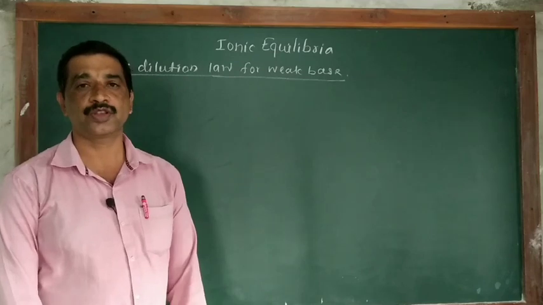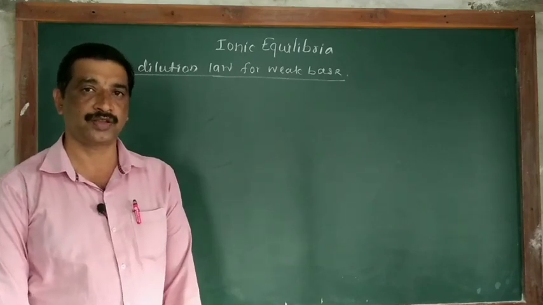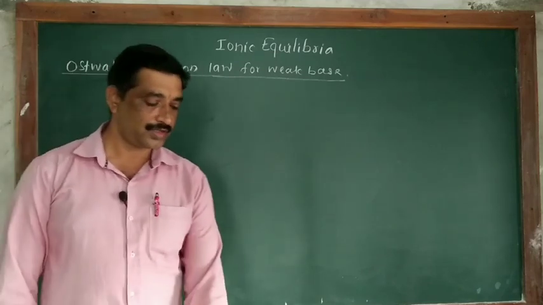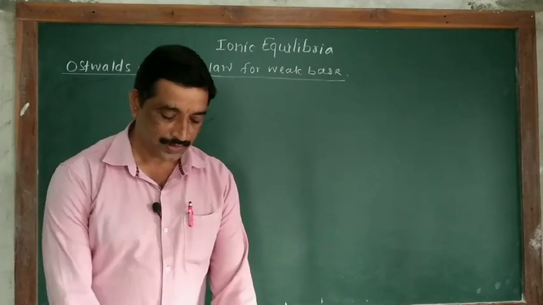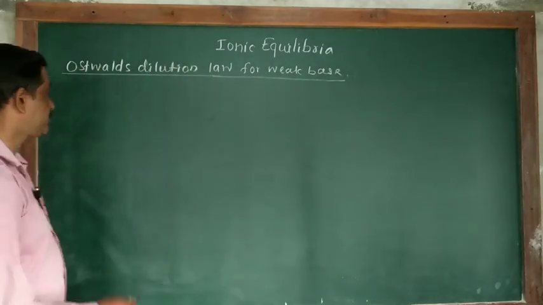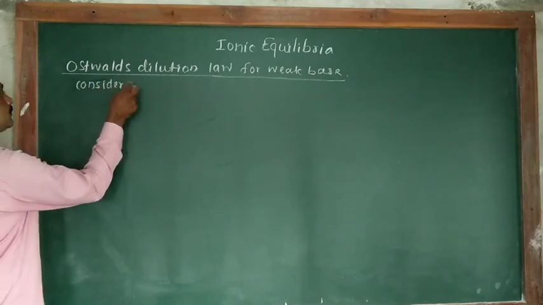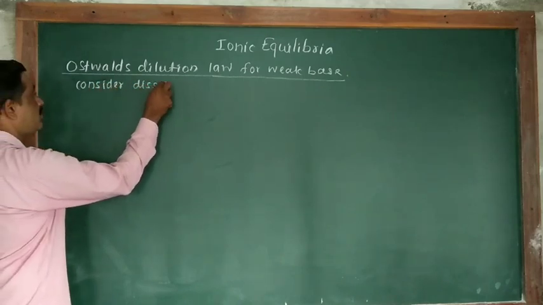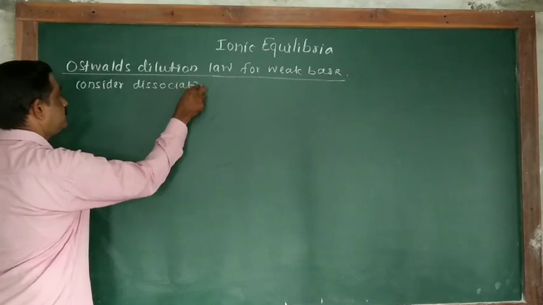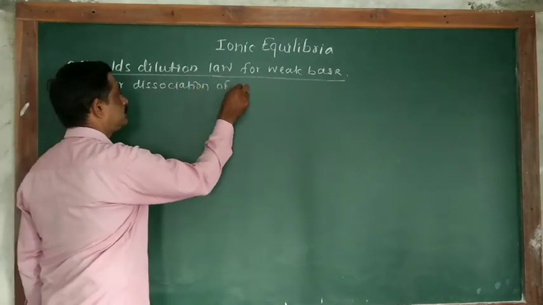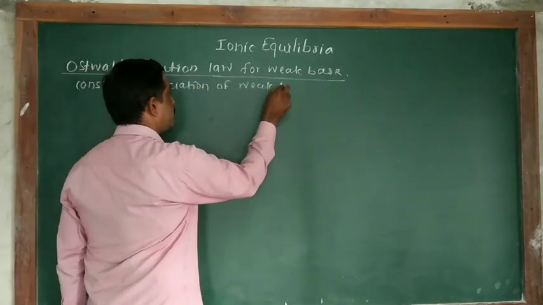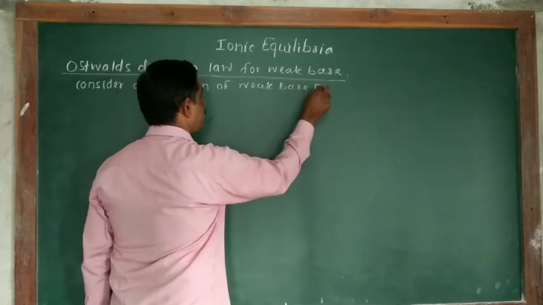So Ostwald's dilution law is also applicable for the weak base. For this purpose, we consider the weak base as BOH. So consider the dissociation of the weak base BOH.